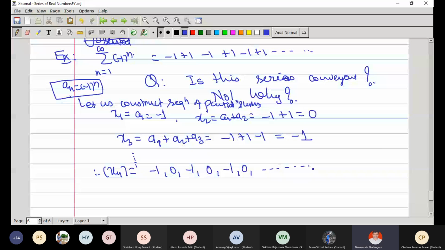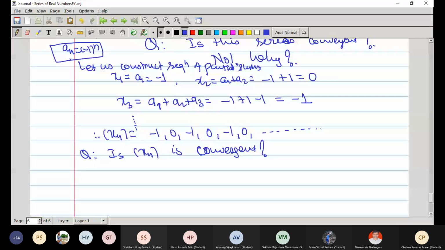Now my question is, is xn convergent? No, because we can produce two subsequences of the sequence which converge to different numbers. Therefore, this sequence is not convergent.